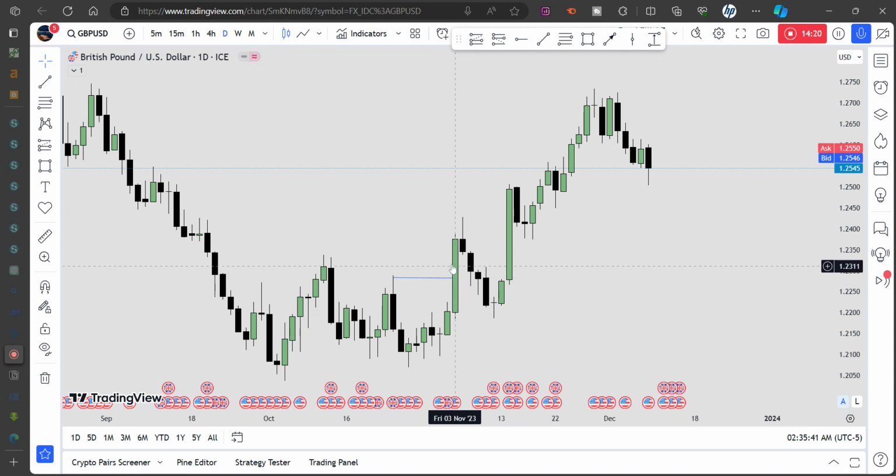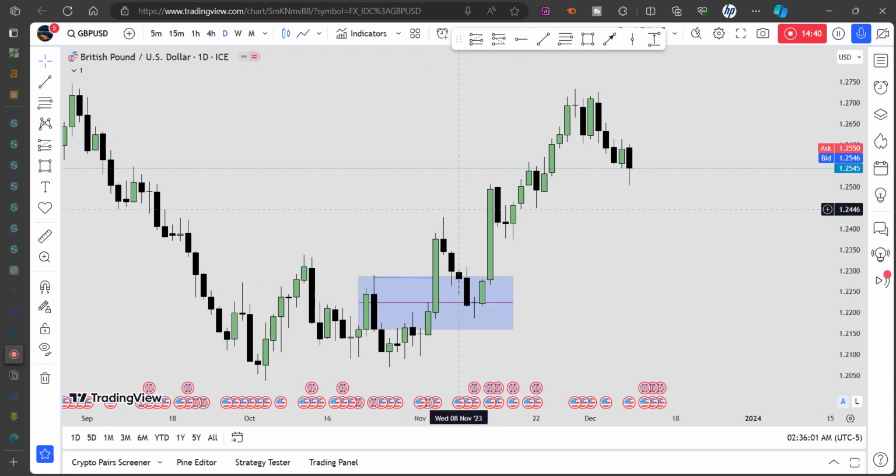Right here, and the price retraced to test this imbalance plus this old high here. Both of them were retested at the same time, and the price reversed, going higher.